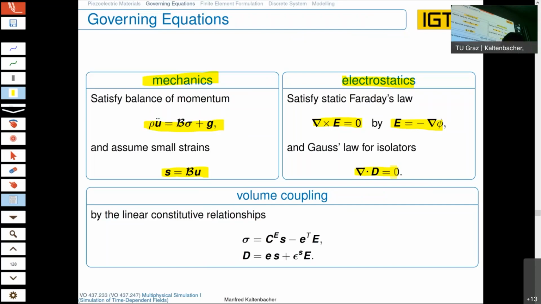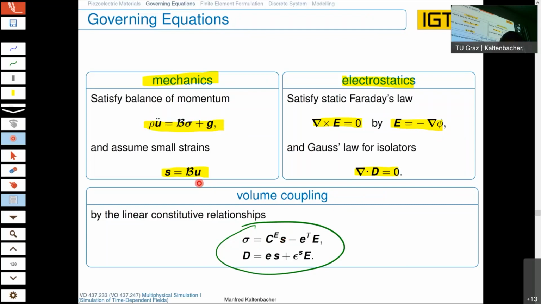Okay, so we have now our equations, and we have nicely our linear constitutive relationship, where we now can put into our equation this expression for the mechanical stress as a function of the strain S and electric field E. And for the electric field E, we can substitute minus the gradient of the scalar potential.